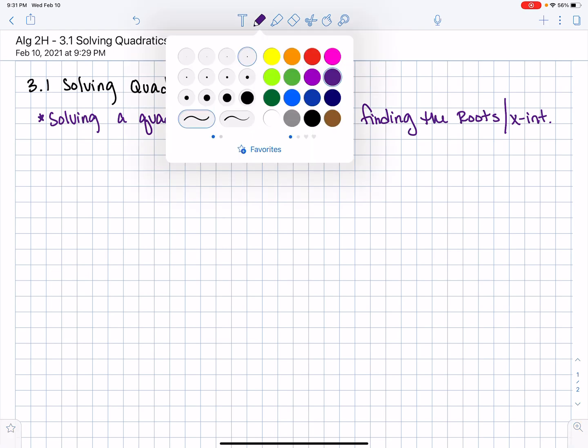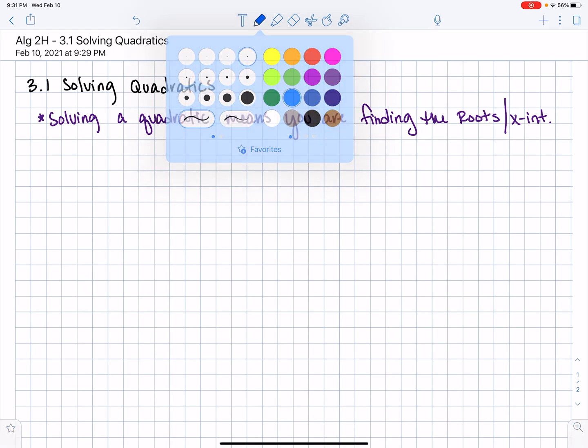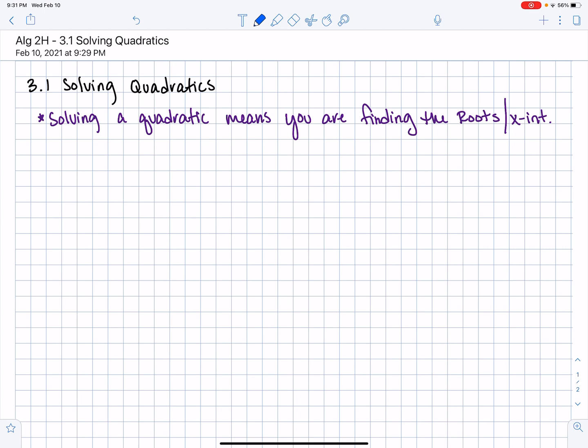And the ways that we are going to talk about solving a quadratic today, of course, so far we've been graphing. We've had our graphic organizers, we've been graphing them, and then we look for where it crosses the x-axis.